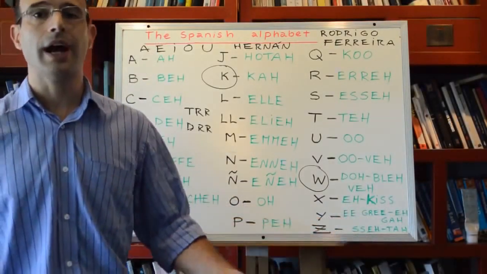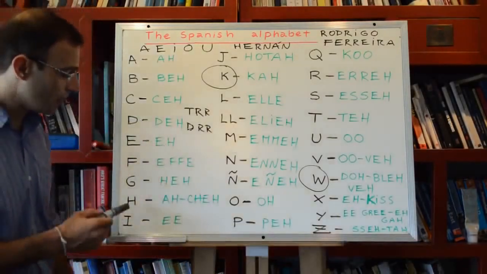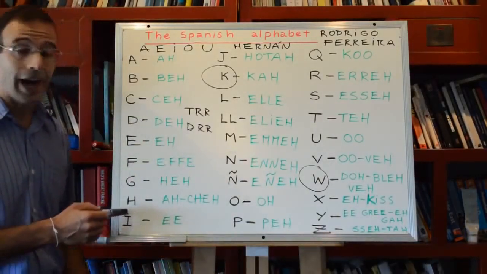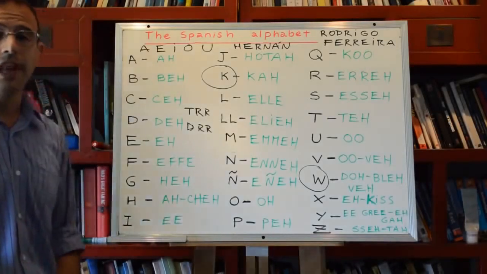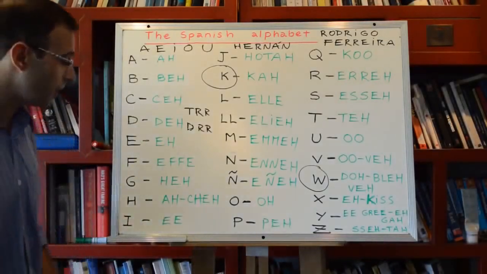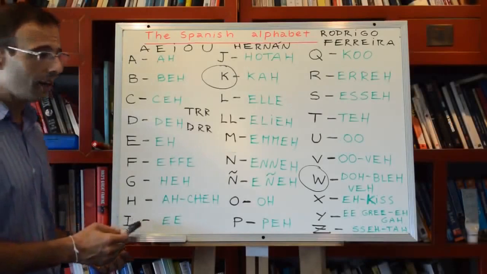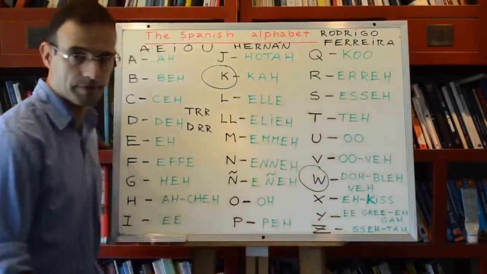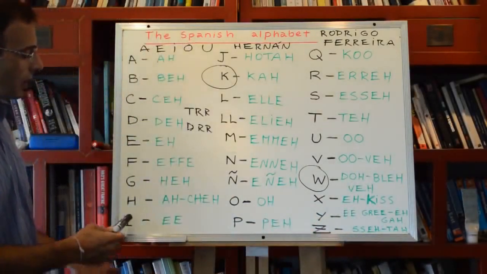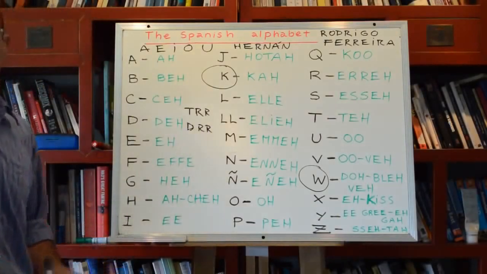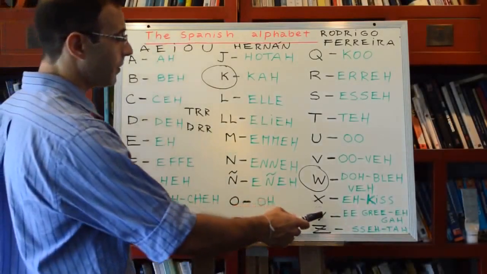Y is called Greek I. Why? Because what in English we call I is actually the Latin I. Okay, so this is Latin I and this is Greek I. Okay, in Spanish, I Latina or simply I, and this is Y.